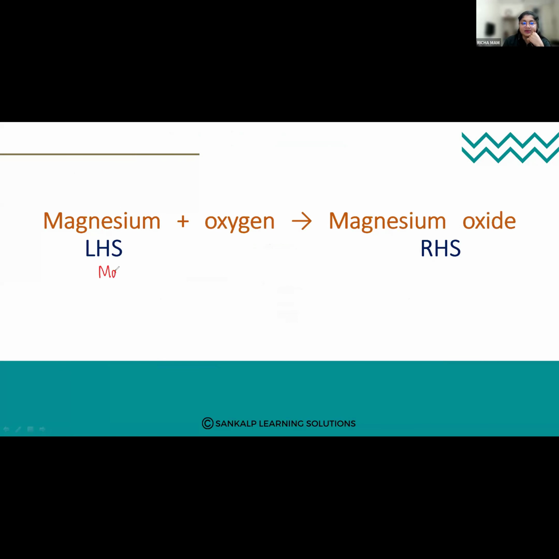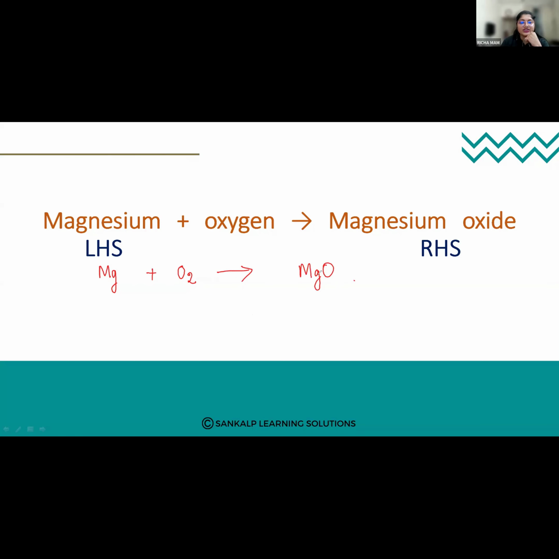Magnesium is represented by Mg. And oxygen, we are taking dioxygen, a diatomic molecule. So these are the reactants which we write on the left hand side. This will react to give you what? Magnesium oxide.